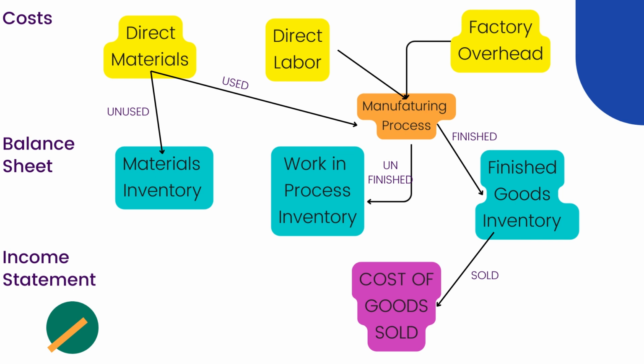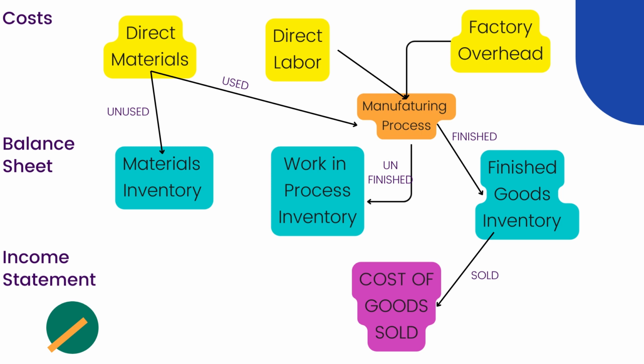Direct materials are either used or unused. If the direct materials are unused, then they show up on the balance sheet under materials inventory or raw materials. If the direct materials are used, then they are moved over into the manufacturing process. Let's move over to direct labor.